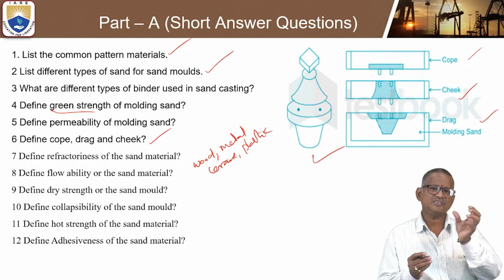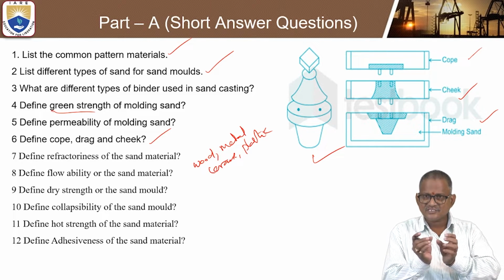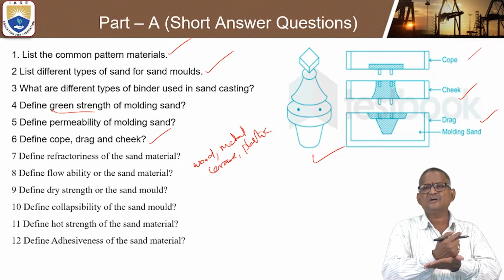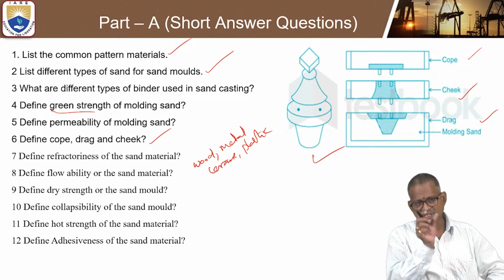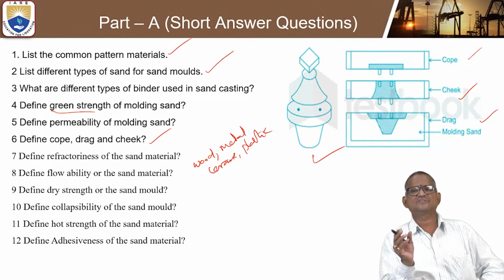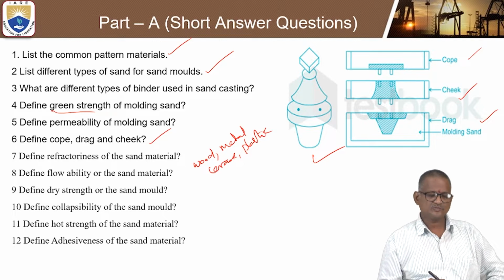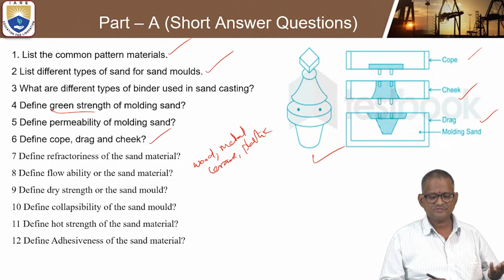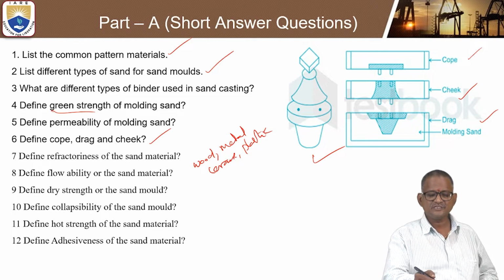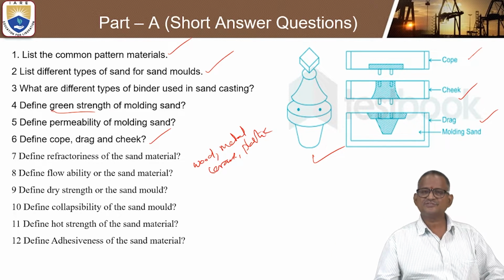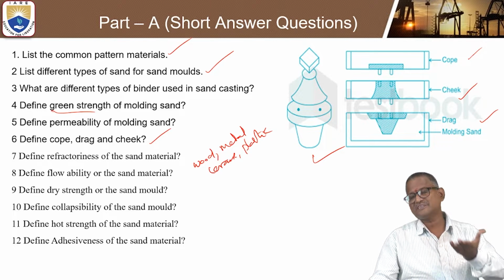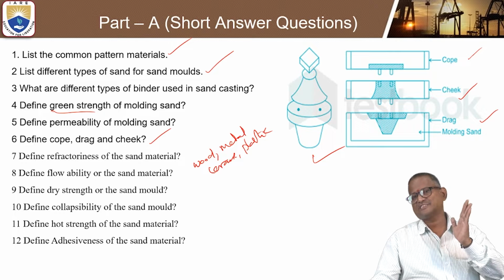That sand should have adhesive property, so that it sticks to each other by ramming, and even when pouring the molten metal, the walls cannot break. That is why these are important properties, and they ask these questions in the long answer questions also: explain the different types of properties in a sand casting process.